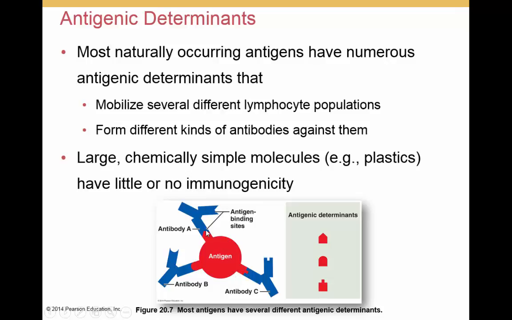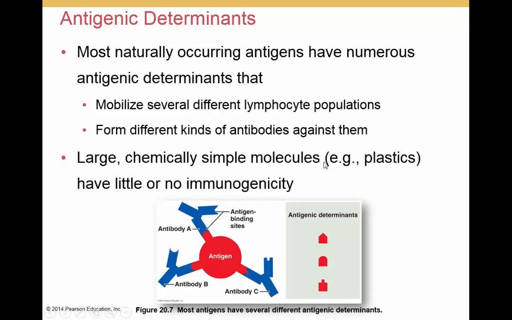This antigen showing here has a little triangle, half circle, little tab A, slot B. These are the antigenic determinants. So like I said, it can mobilize several different types of populations, form multiple kinds of antibodies against them, and your macrophages, your antigen-presenting eating cells and DCs, all recognize the end component of these antibodies to go after them.